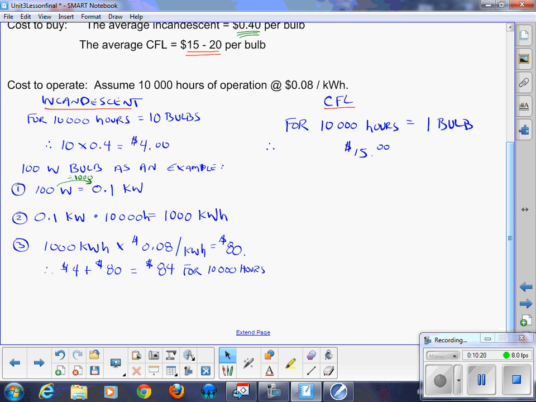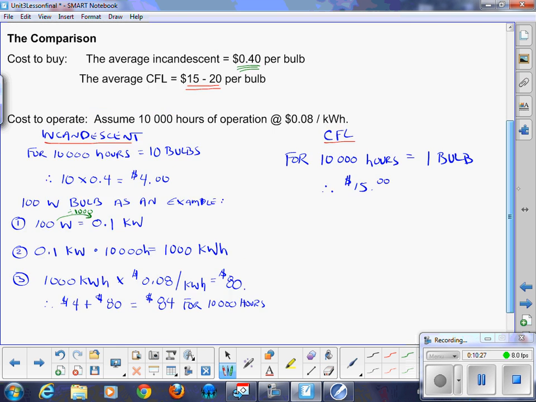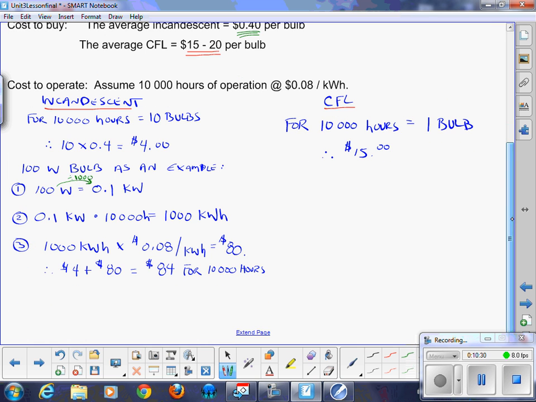So let's do the same process here, except let's do it for the CFL. Similar steps. Up here it said that we need a 25-watt CFL to give you the same brightness. So step one is to figure out how many kilowatts that takes. 25 watts is equal to 0.025 kilowatts, and same thing, I divided by 1,000.